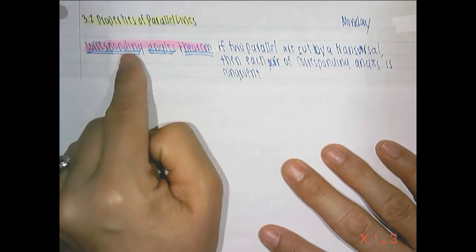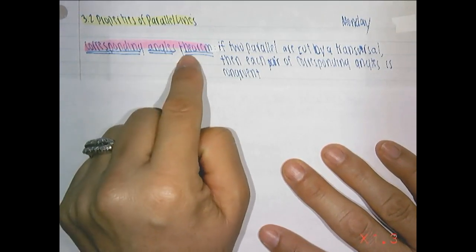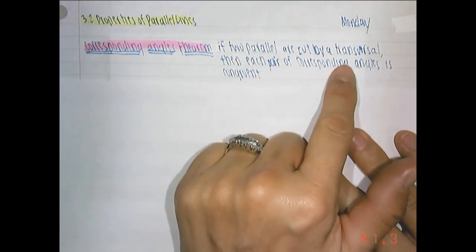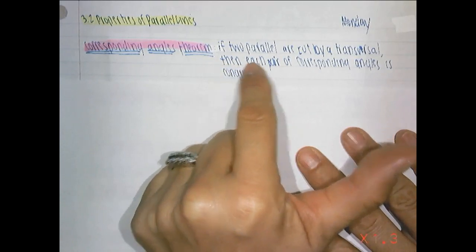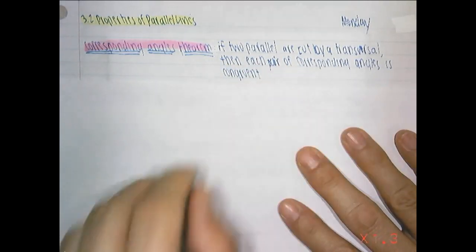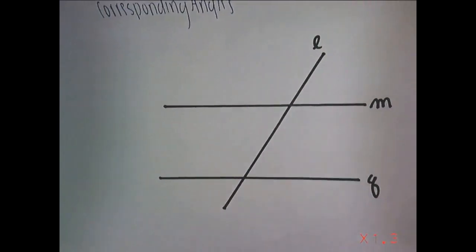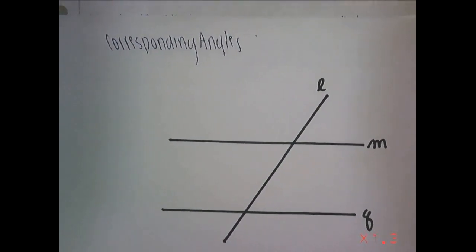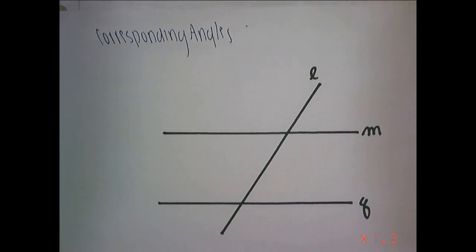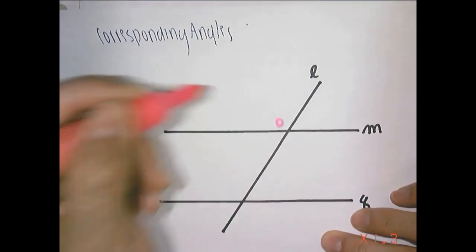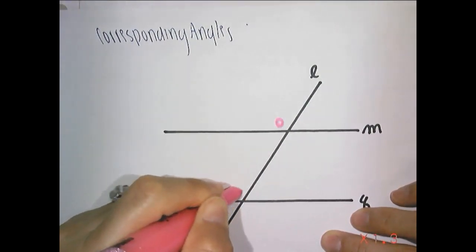So the first one is the corresponding angles theorem. If two parallel lines are cut by a transversal, then each pair of corresponding angles is congruent. So think about that for a second. Here I have some corresponding angles that I'm going to mark. If I'm looking at these four angles, this angle right here would correspond to this angle right here.